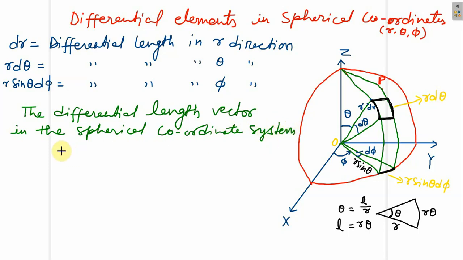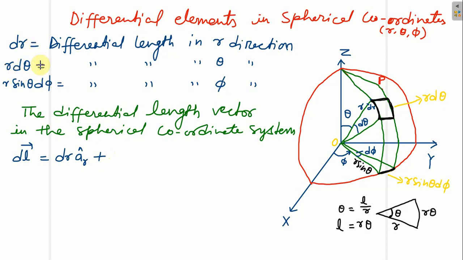Since it is the length vector, we are representing it with dl. Let me write it with another color. So this one is your dl, and dl equals how much? Now these are the components: dr along a r, r d theta along a theta, and r sin theta d phi along a phi. So we will write it accordingly, and then your differential length vector will be obtained. So dr along which direction? Along your a r.